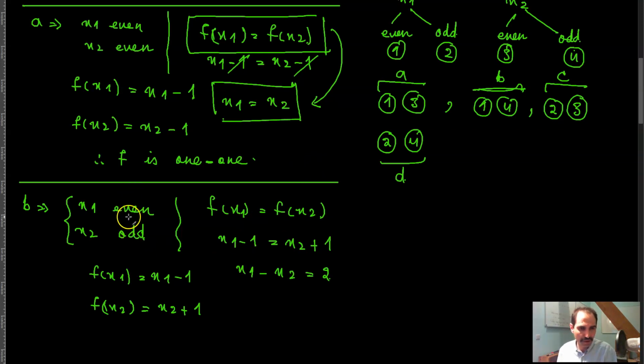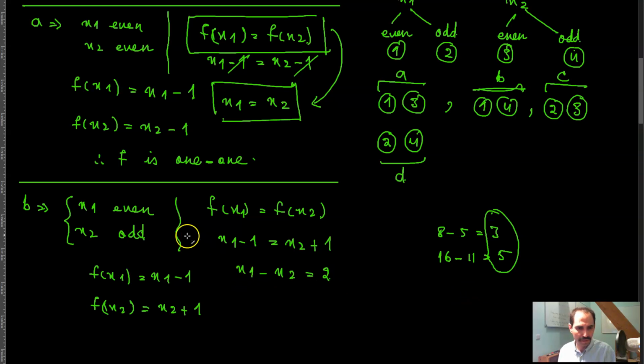When you subtract an odd number from an even number, you will always get an odd number. For example, 8 minus 5 is equal to 3, or 16 minus 11 is equal to 5. You can have countless examples, but it's always like that. You'll always get an odd number.